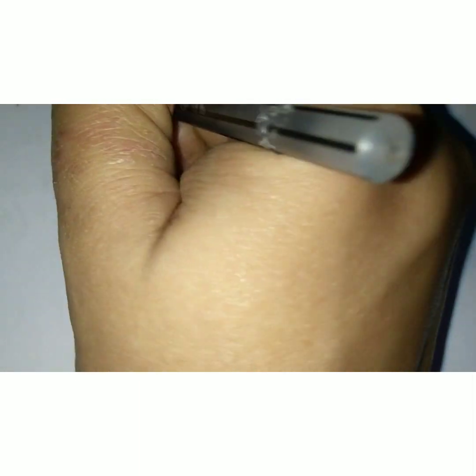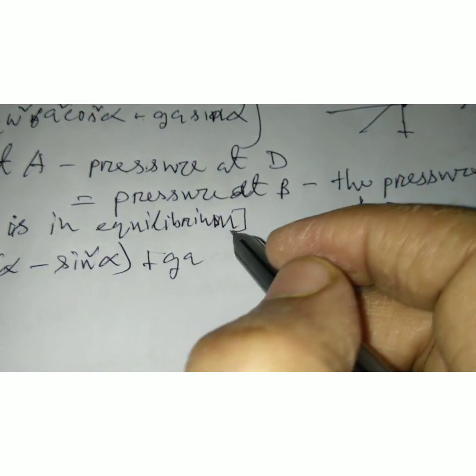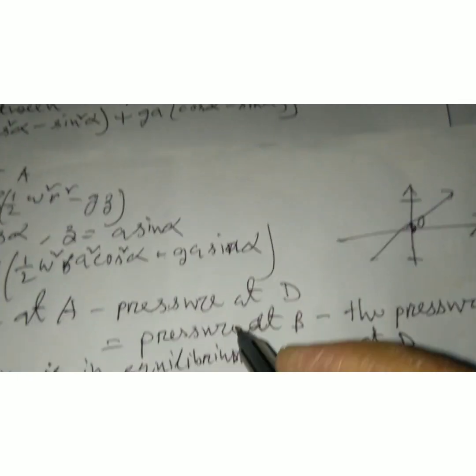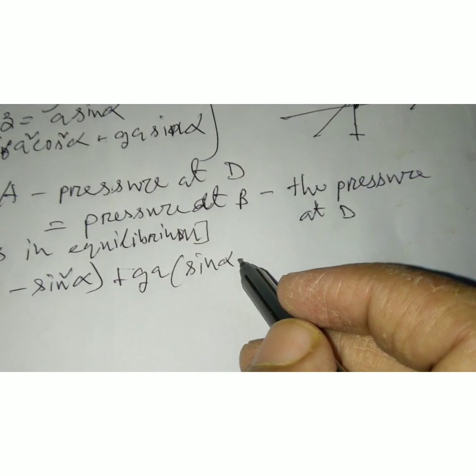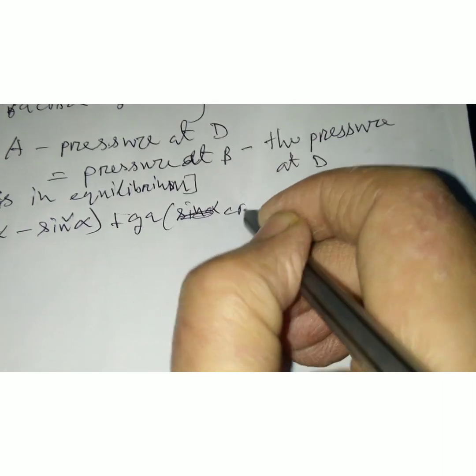Okay, so I can write sigma half omega square, cos square alpha minus sin square alpha, plus GA sin alpha. Okay, see this equation. I also write the difference: GA cos alpha minus sin alpha, GA cos square alpha minus sin square alpha, cos alpha.